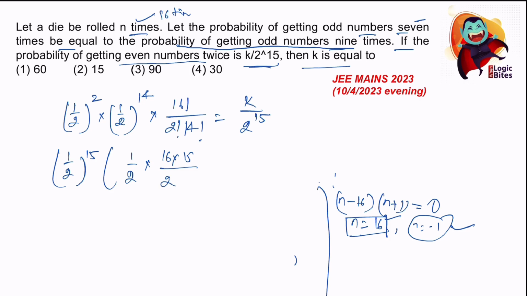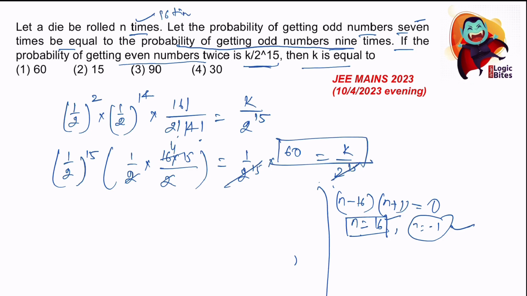Here 2. So again 1 by 2 to the power 15 multiplied by 2 into 2, 4 into 4, so it will be 60. So we can see that this will get cancelled. So our k is 60. So k is 60, yeah.